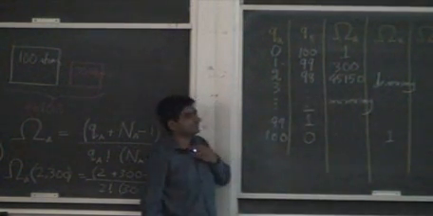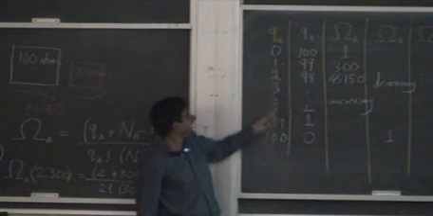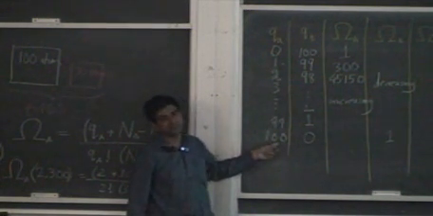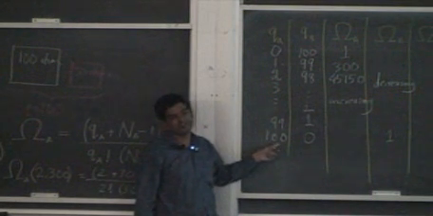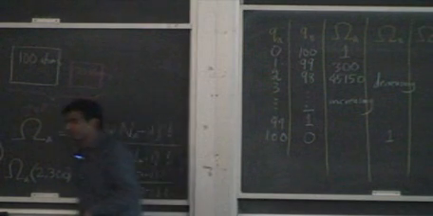So just to give you an example, if I have QA equals 100, all the 100 quanta of energy are in atom A. Let's find out what the answer is going to be.